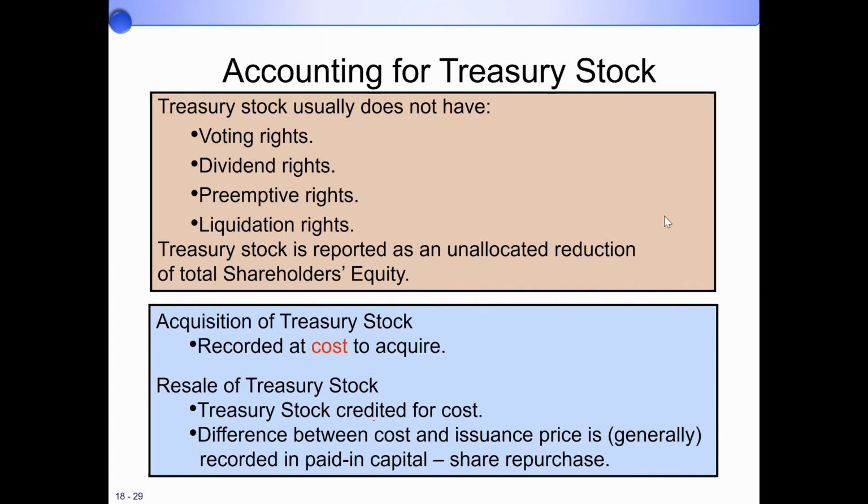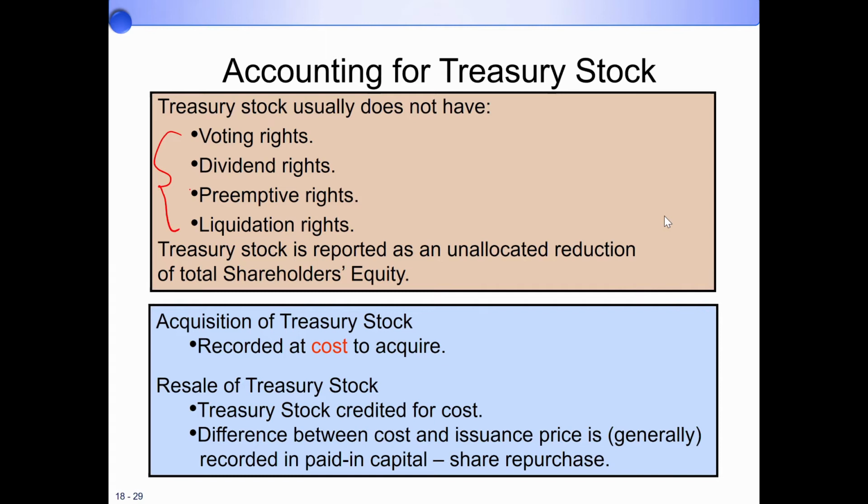So let's look at this treasury stock situation. Even though those treasury stock are issued shares, they are not outstanding shares. They are held by the company, so they lost all of the rights we talked about for shares last time. So what are we going to do with the treasury stock?